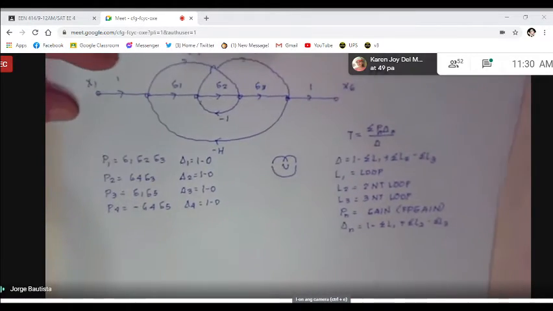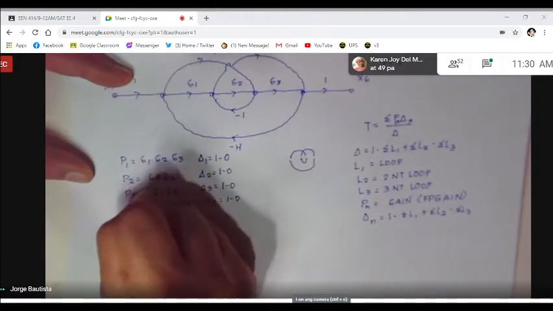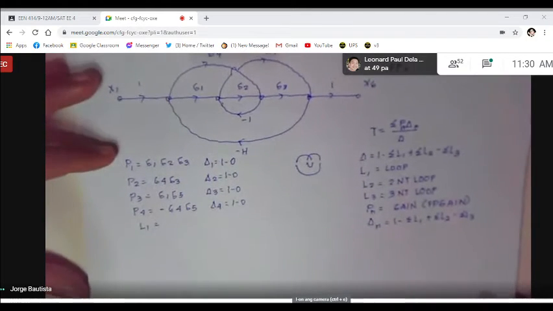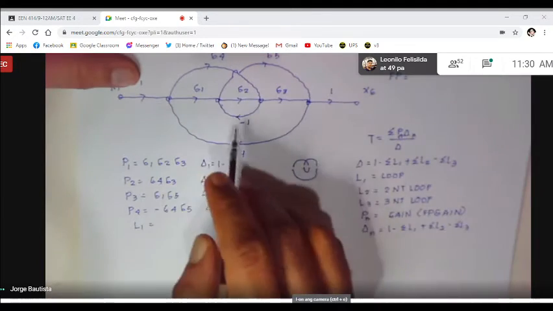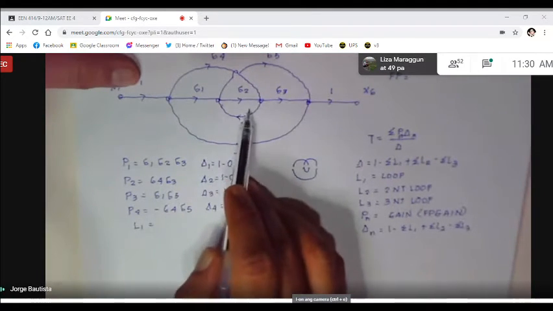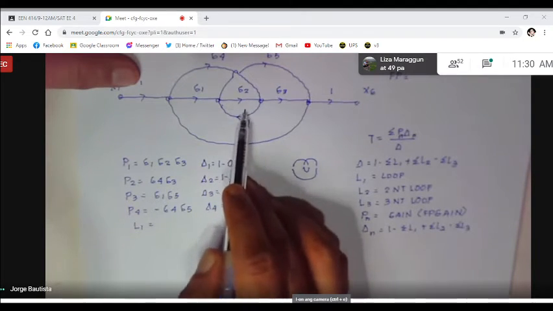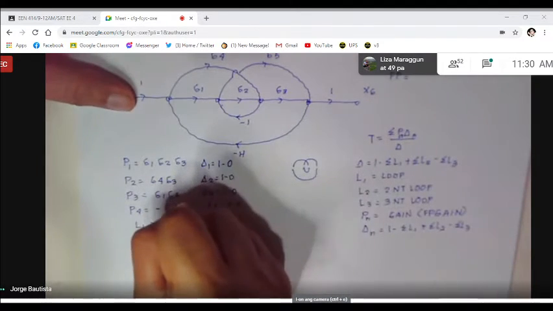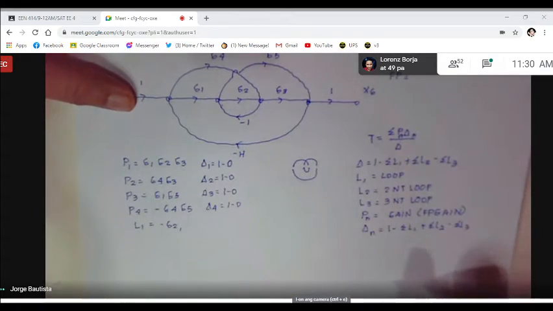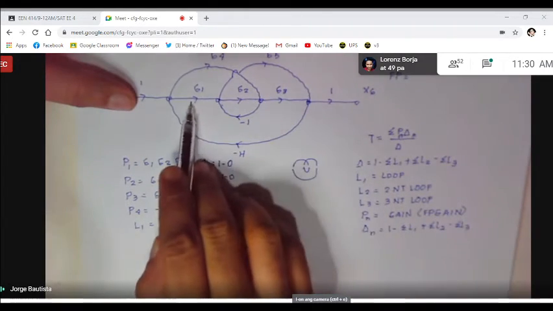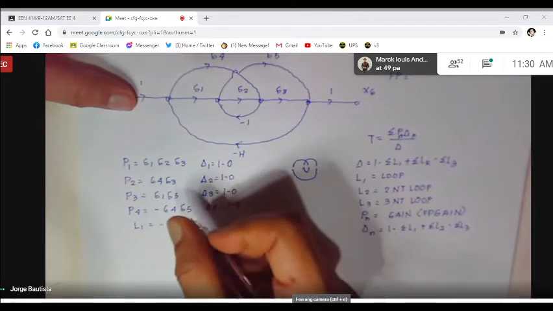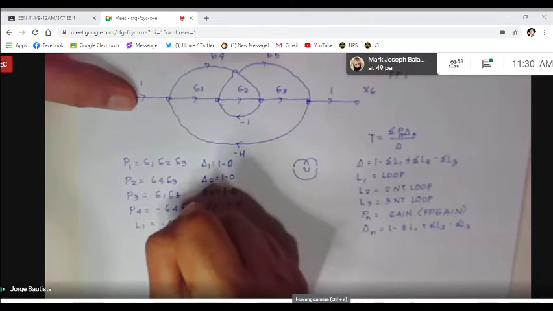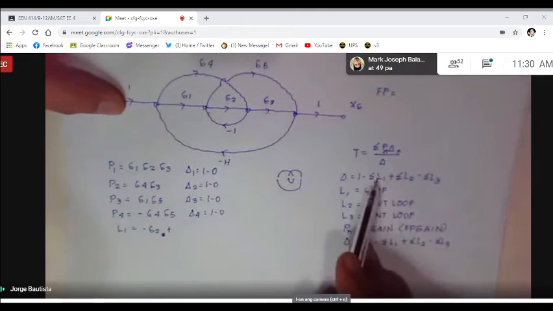Summation of L1. Lahat ng closed loop. Ilan ang closed loop? 5, sir. Okay, una, isulat na natin. Ito yung una, that is negative G2. Tingnan natin yung lima na sinasabi mo. Pangalawa, ito. Plus na lang, kasi summation of L1 eh.